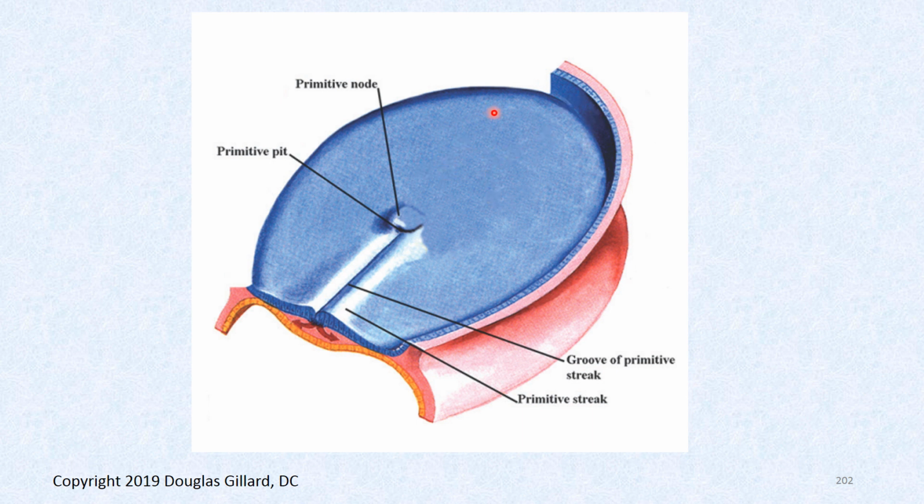So this is cranial. This is going to form the head of the little creature, of the human, and this is caudal down here. So here's a nice primitive streak, and we can see the artist has made some depth perception, so we can see that's the primitive groove, and the primitive knot or primitive node should be bulging a little more, but then there's a tunnel that goes right through it.